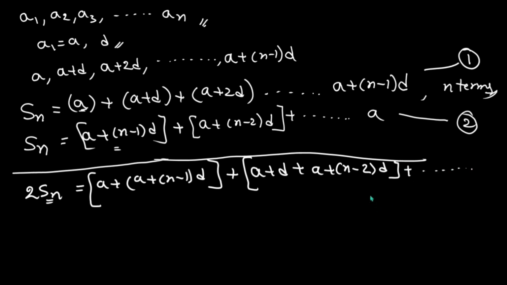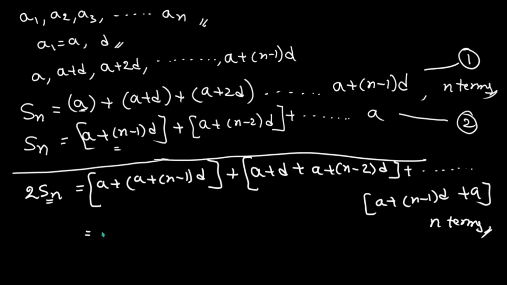The last one I'll write like this: A plus n minus 1 into D plus A. So I'm just adding one term from here, one term from here. So how many numbers do we have like this? The same way we have n terms here also. So we have n brackets like this.